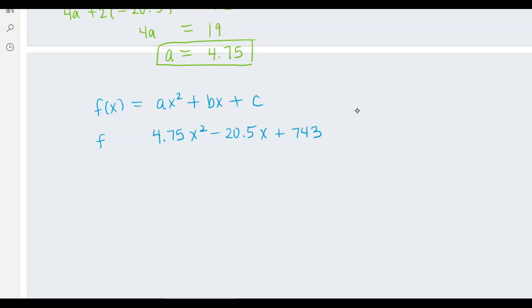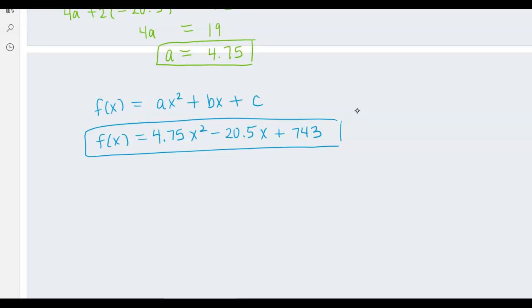And this is our equation that we can use to model and predict the number of passengers in the future.